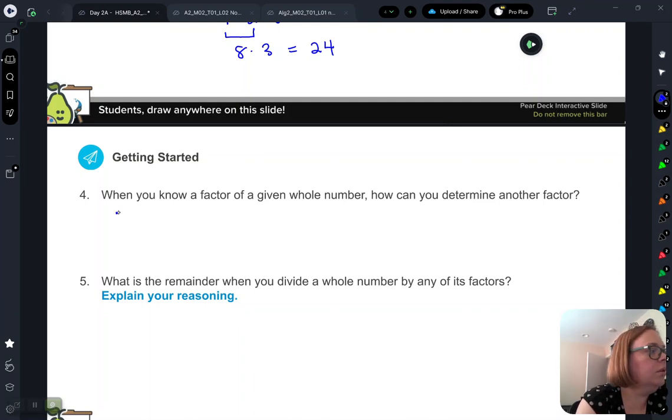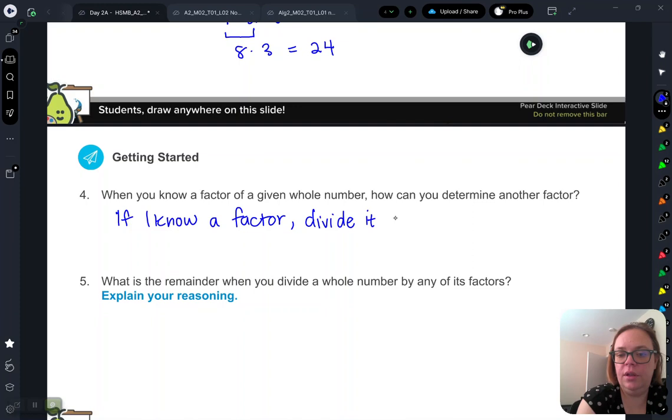Okay, or if I know a factor, divide it into the number to find another factor.